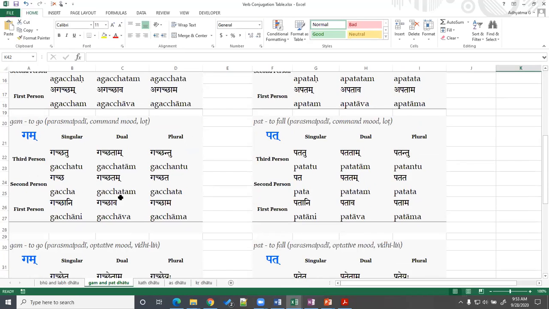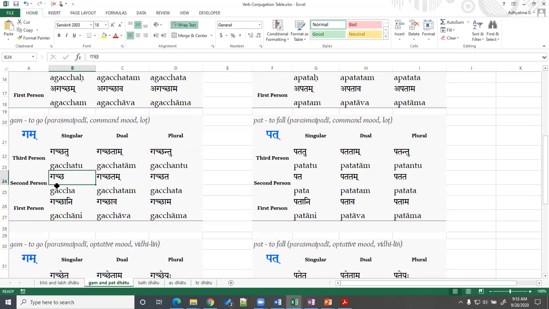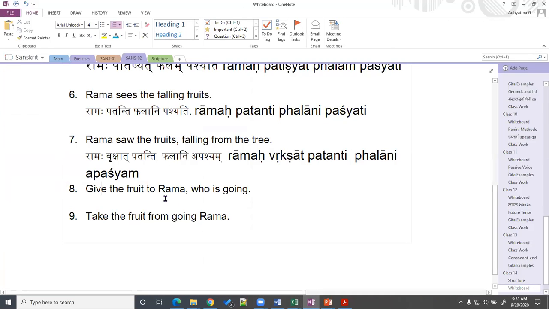the form for the second person singular would be gacha, and for giving we have the root yam or da, which becomes yacha. So give the fruit would be yacha phalam. So phalam yacha.